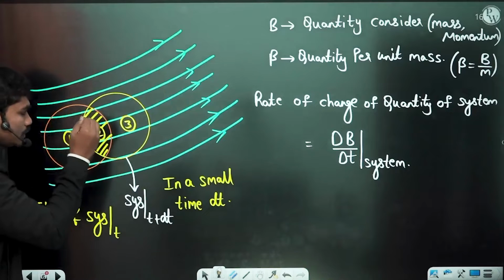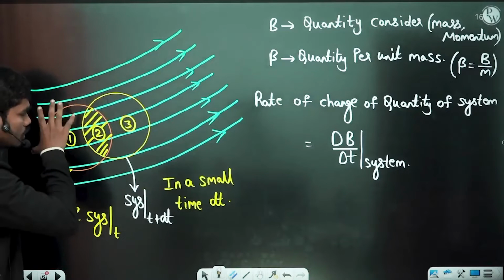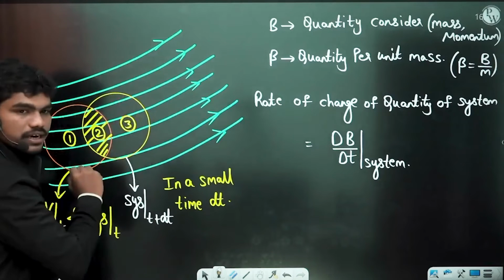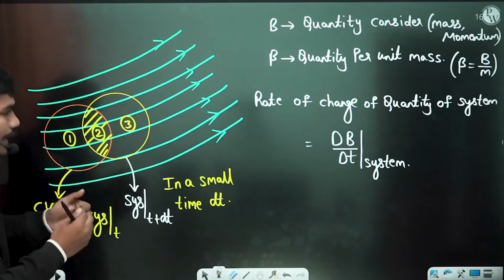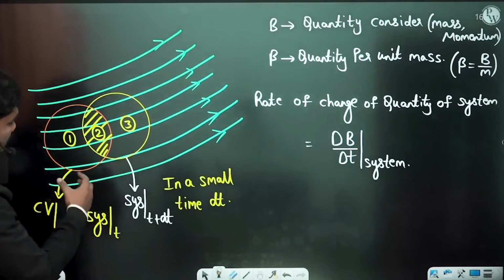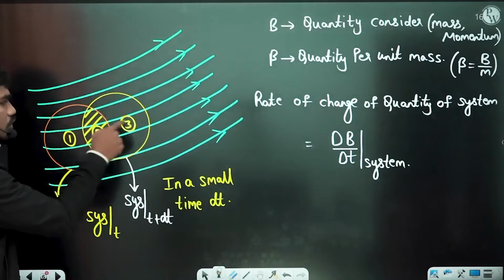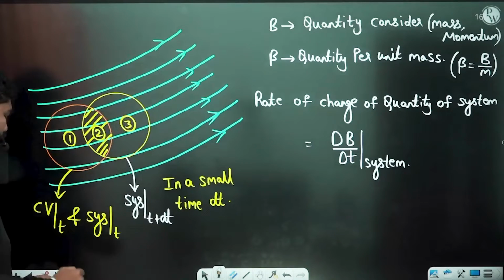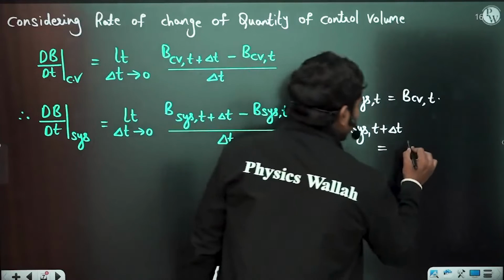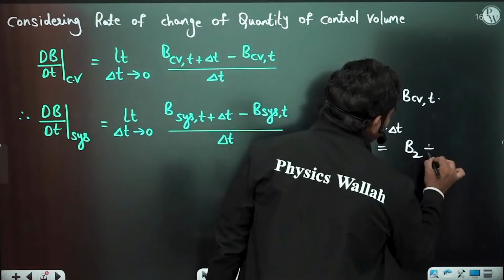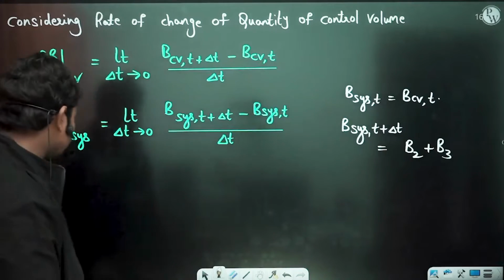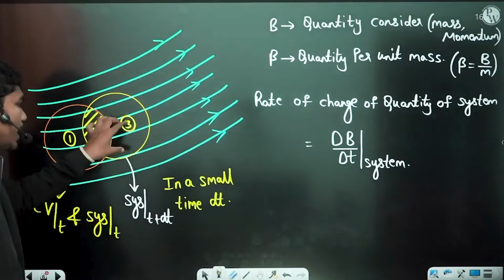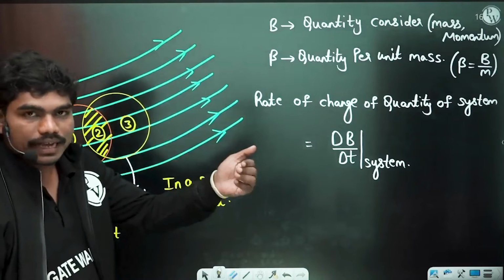Within some small time delta t, because of the flow, this system traveled to this location. At time t plus delta t, the system is in region 2 plus region 3. So this can be written as b2 plus b3, because whatever system is present in these two regions 2 and 3 is the system available at time t plus dt.